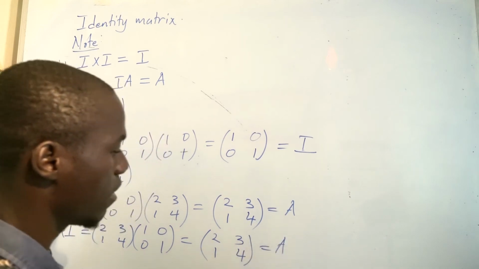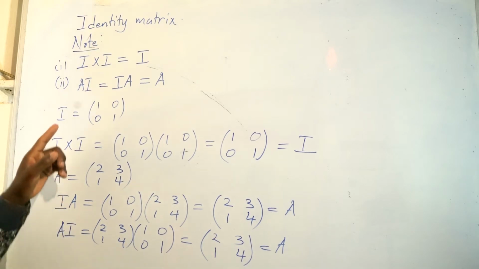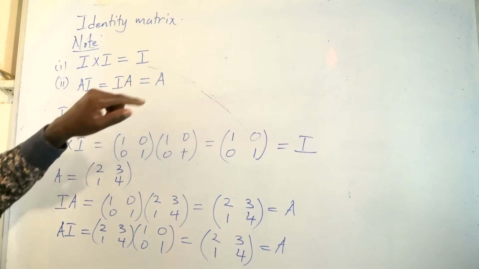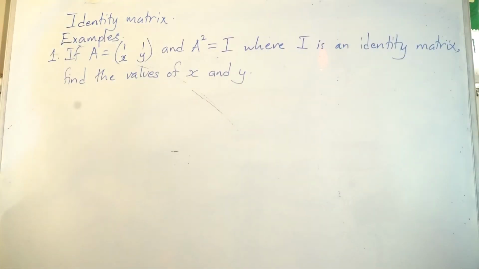Again, even here, I'm getting the original matrix, which is A. So when I multiply that, it is the same as the original matrix. Now, if A is equal to 1, 1, x, y, and A squared is equal to I, where I is an identity matrix, find the values of x and y.